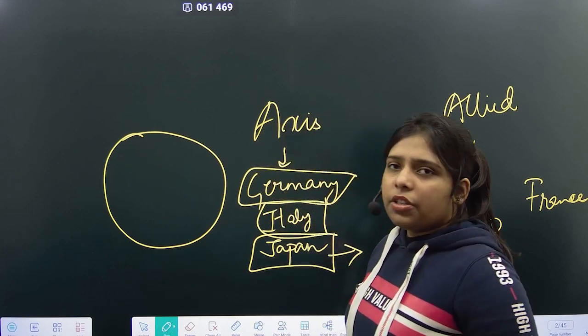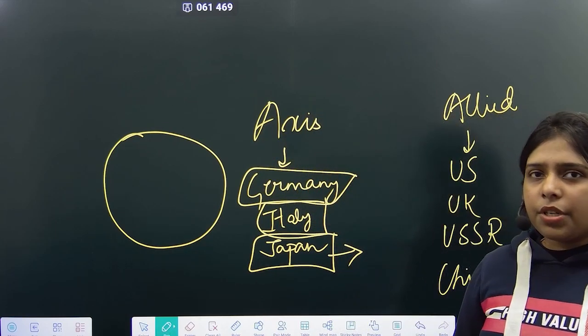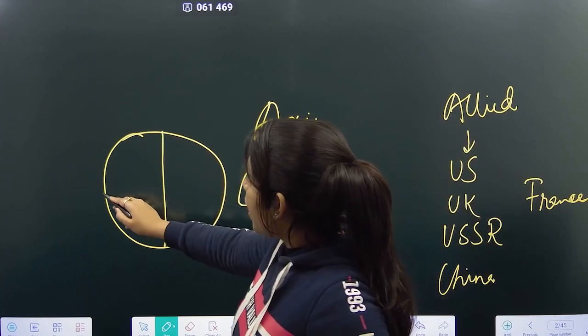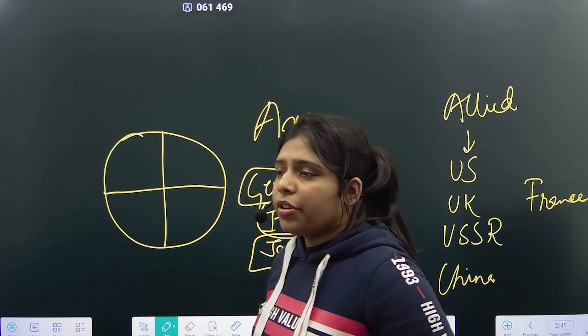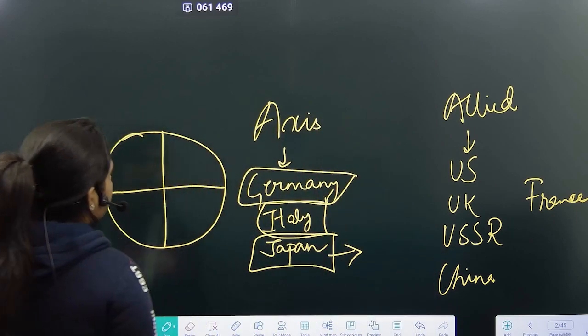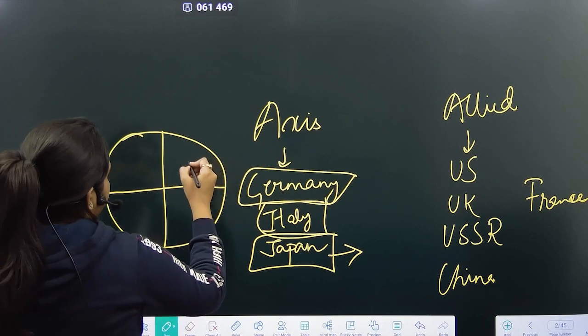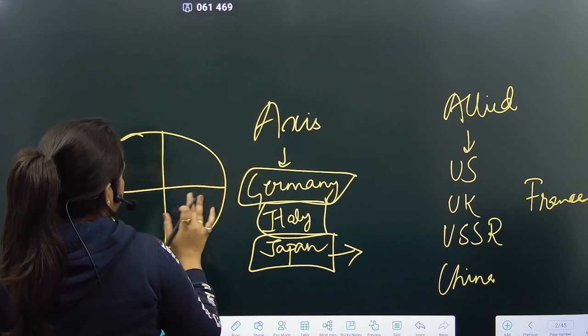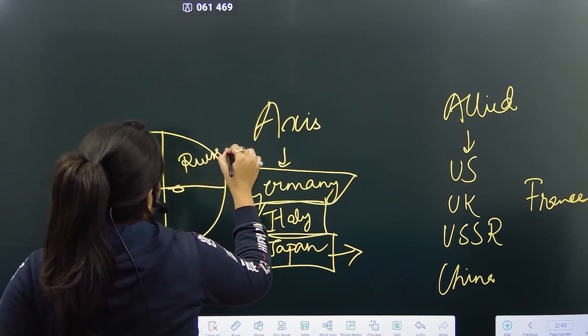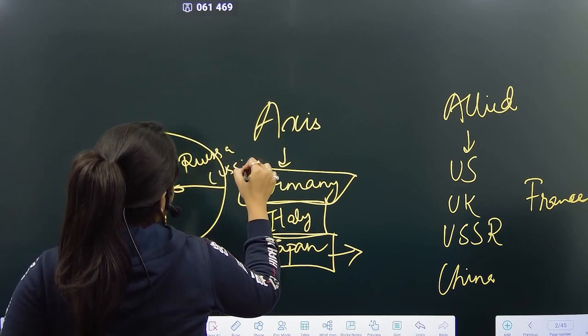Germany had to be totally subdued, and it had to pay a lot of money as war reparations. Germany was also divided into four zones. One was the eastern zone, for Russia, or you can call it USSR.